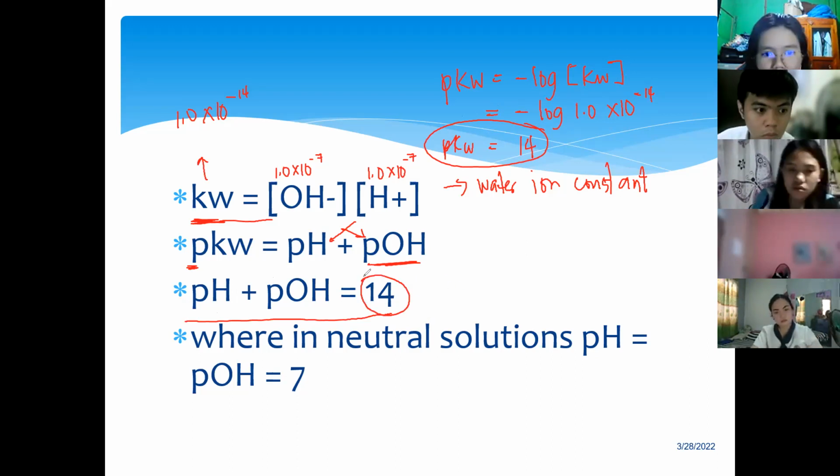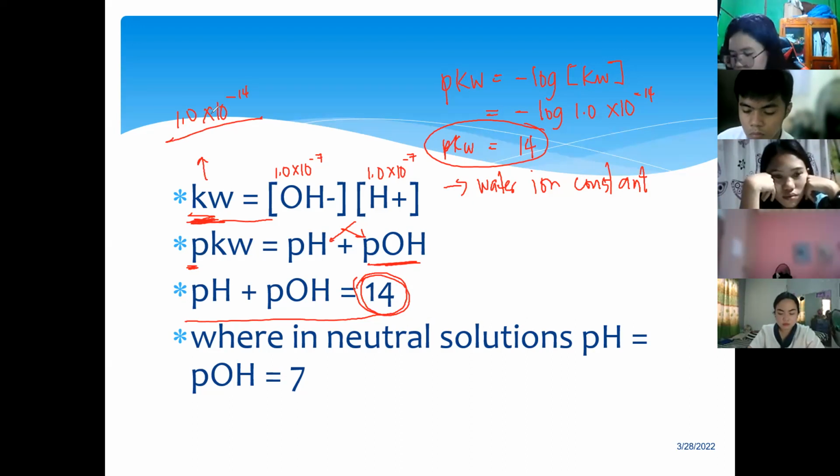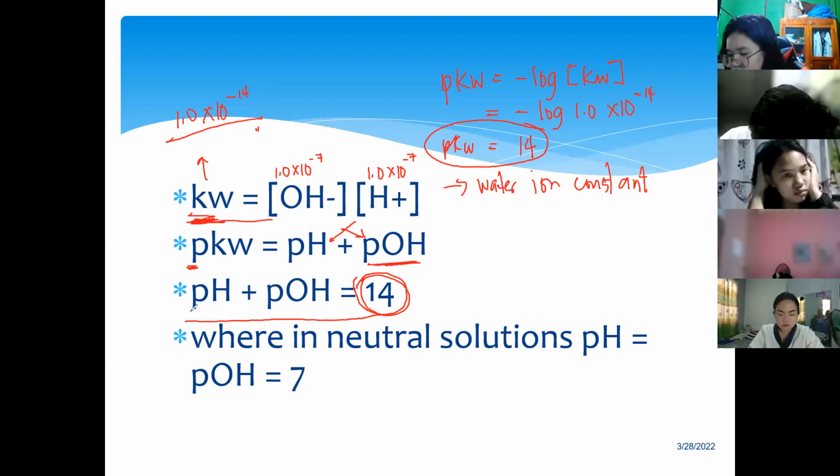In-explain ko lang saan galing yung 14 dito. Galing yan siya here sa Kw, which is constant, diba? Hindi nagbabago. 1.0 times 10 raised to the power of negative 14. And since, remember, when you are going to compute for the pH, you use negative log of H plus, and then this one is the negative log of the OH.